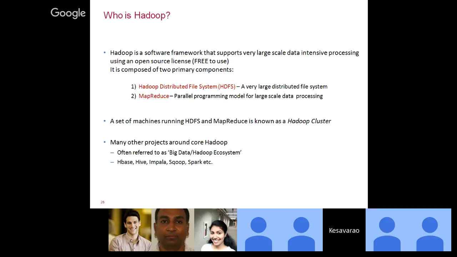Hadoop uses cheap hardware, small cheap nodes, but a number of nodes as a cluster. It is supposed to be inexpensive hardware, it could even be your home laptop. If you combine 100 laptops, it could be one big HDFS environment.